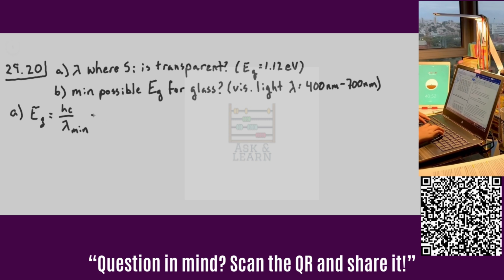And so then just rearranging this, we'll find the minimum wavelength is just going to be hc over the gap energy.